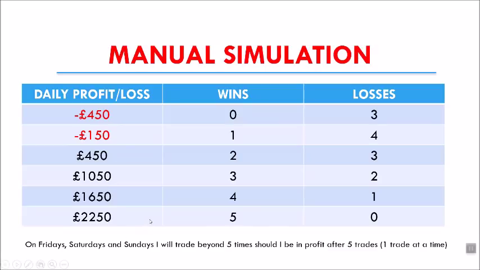So what I wanted to do was another simulation, but this time it's going to be true in the sense that the potential profit and loss will fluctuate based on what the bank is. That is where the power of a percentage-based risk approach comes in, and also the power of why Fridays, Saturdays and Sundays can be phenomenal accelerators for the equity curve.